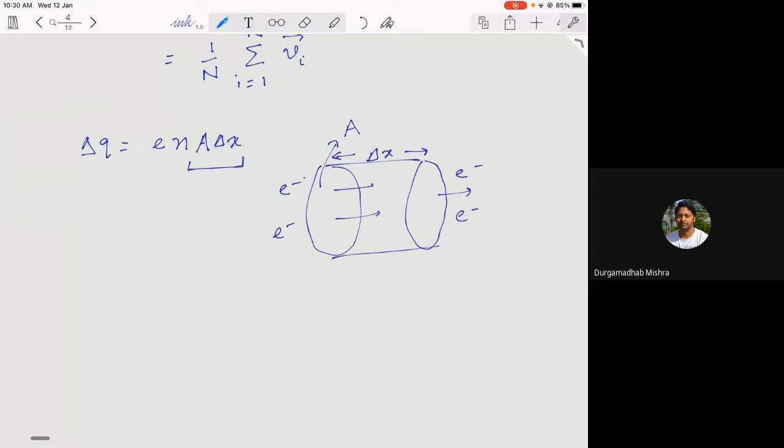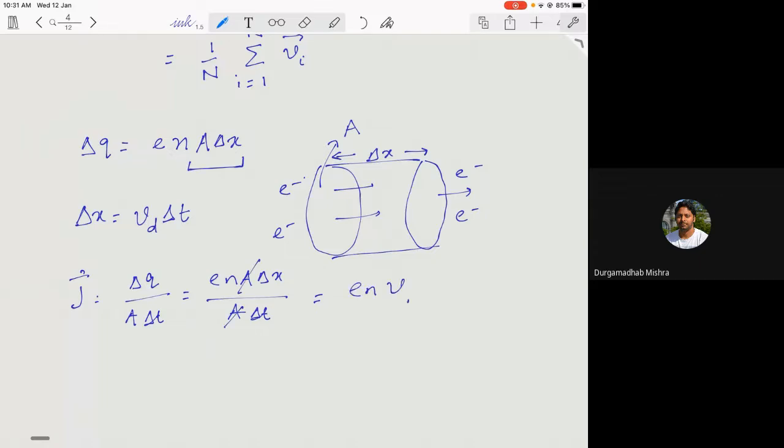Okay, and what is delta X? Delta X will be the drift velocity into delta T. The net displacement will be proportional to the velocity into time, so delta X will be the average drift velocity into delta T. In that case, J is delta Q by A delta T. If you substitute this, the A and A will cancel out, and delta X by delta T is Vd.